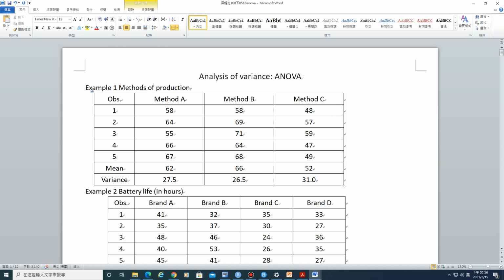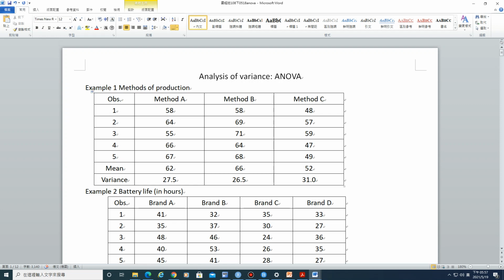The basic requirements for this method are three. The first one is that the samples are independent random samples from the population. The second one is that the populations are all normal. And the third one is that the population variances are the same.